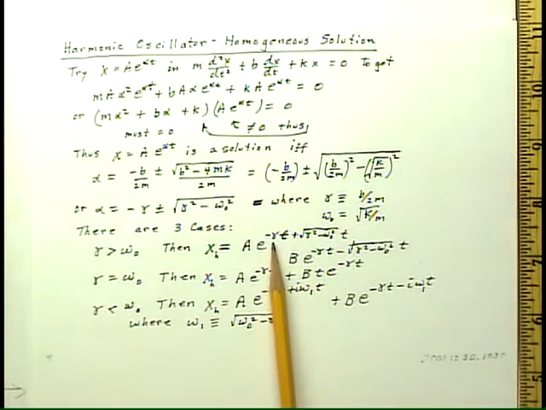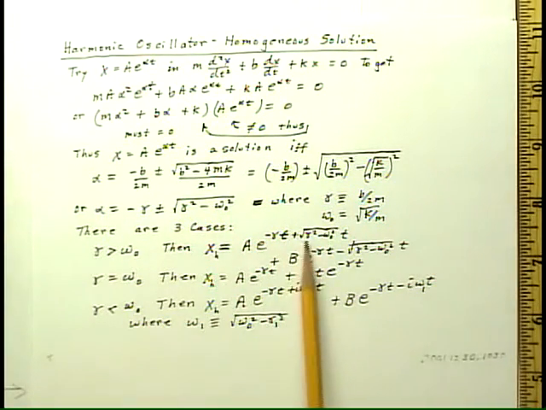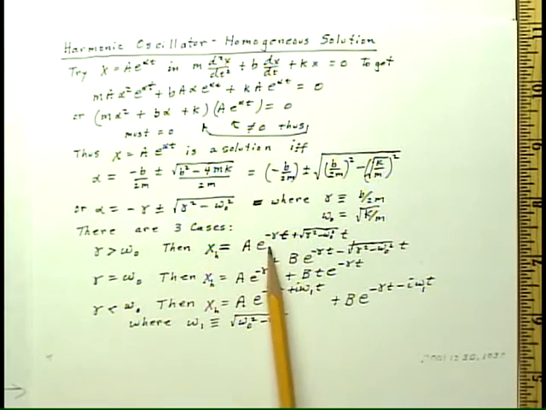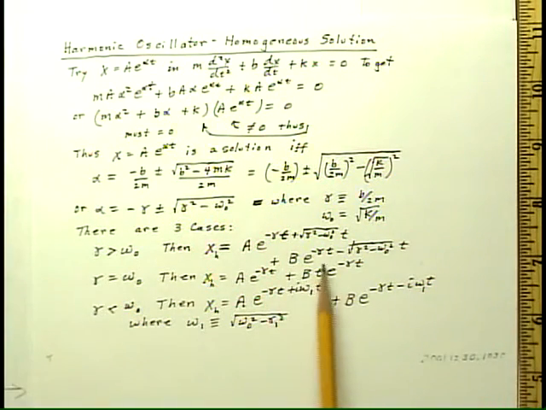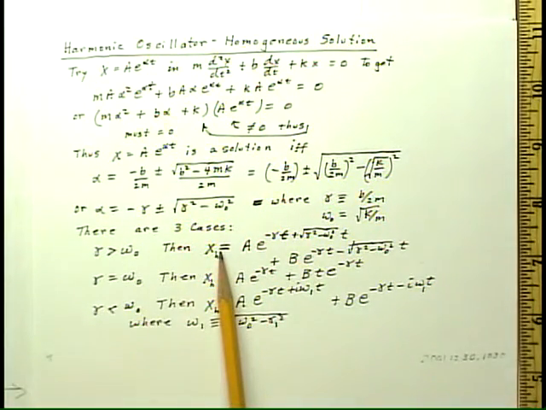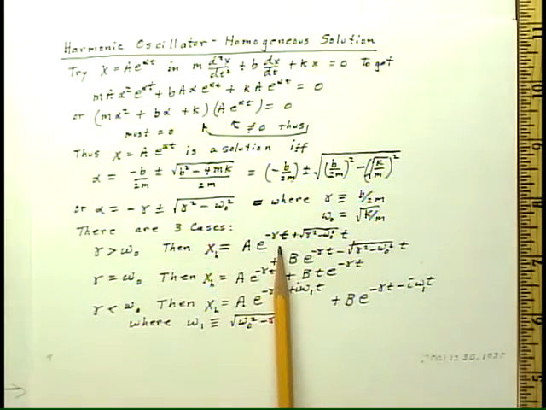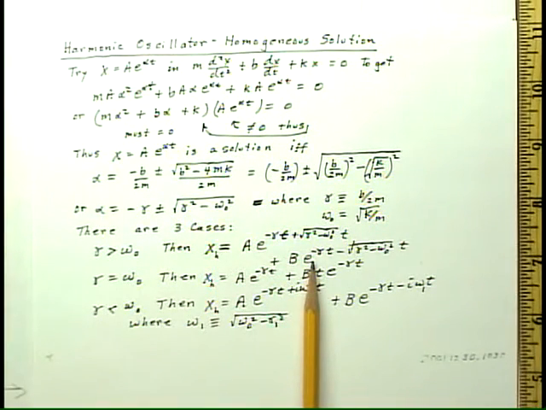Therefore, this term will dominate it, and the whole term will be minus some factor times t. Therefore, this term here can never dominate and cause this solution to increase. This solution here decreases even more rapidly. So our total solution for the overdamped case is a linear combination of two decaying exponentials.